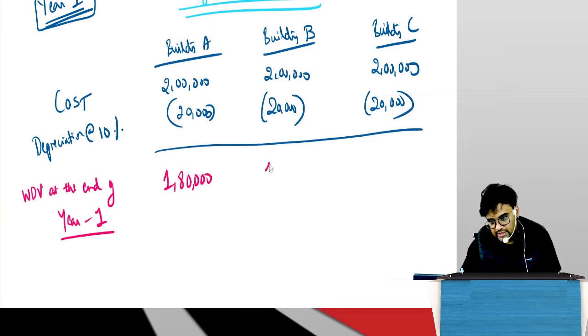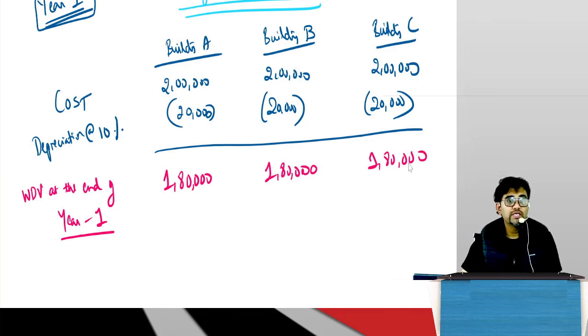No problem, same thing. Everybody understood this? Simple point. 3 different buildings were bought, all same. Just for argument's sake, we will make everything same, equal. Depreciation also 10%, equal 20, 20, 20.